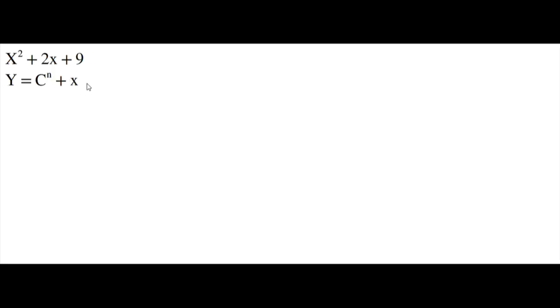And you get this when you apply the derivative, which is your y prime, which is equal to n times c to the power of n minus 1, plus c.